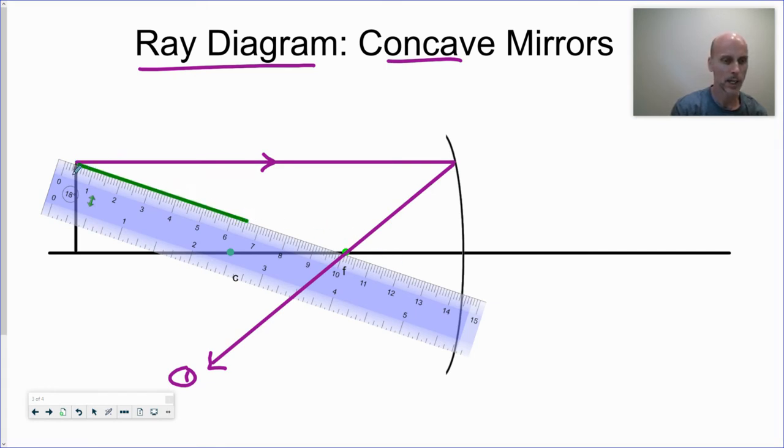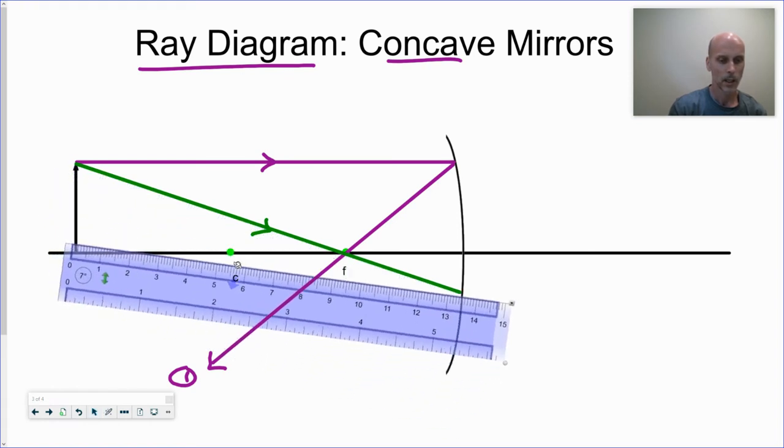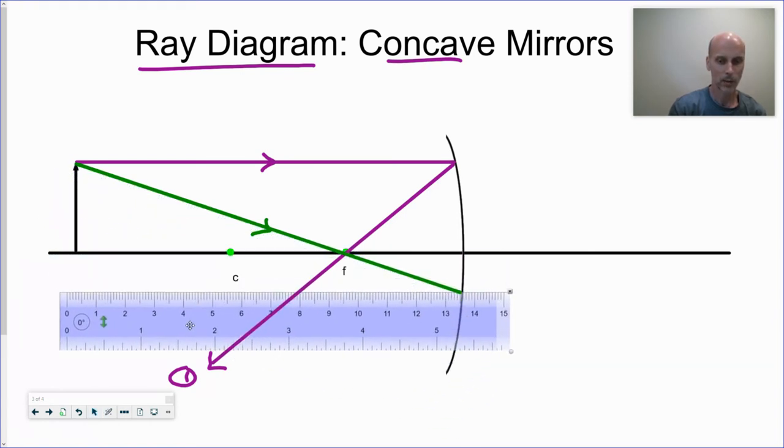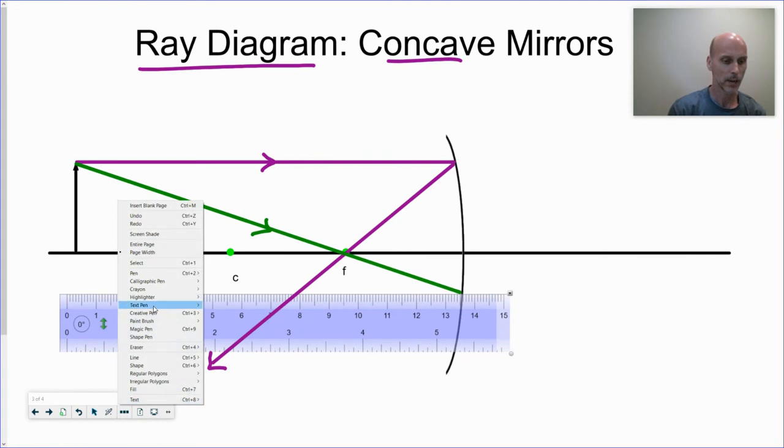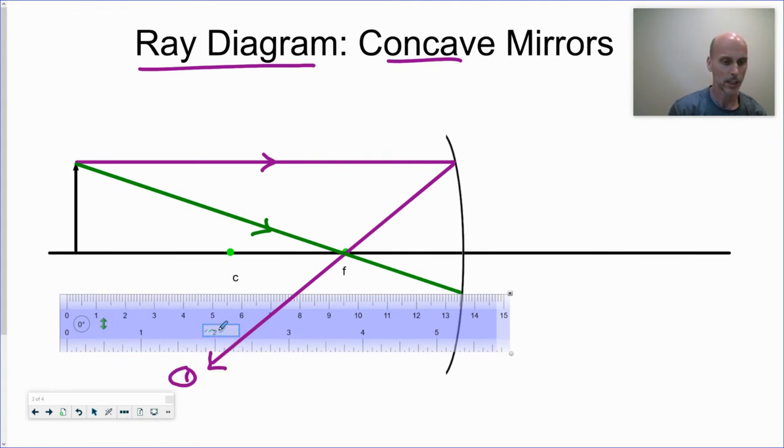So let me just get that lined up. So we go from the tip of the arrow, goes through the focal point this time, hits the mirror. So I'll just give a direction here so we know when we're done which way everything went. And that beam of light reflects, well, it's symmetrical with the first ray. It reflects parallel to the principal axis.